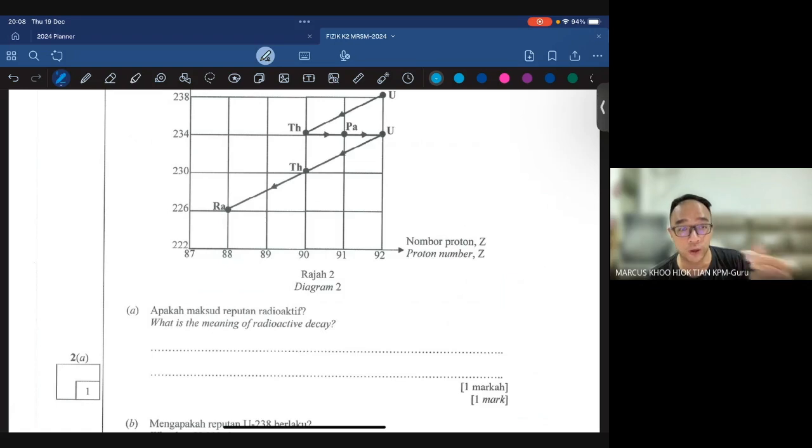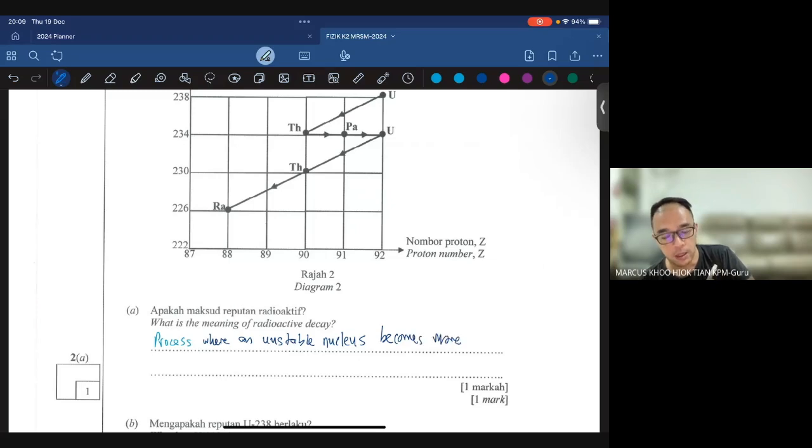It is a process where an unstable nucleus becomes more stable. And how does it do it?